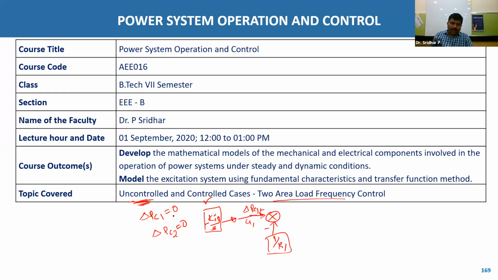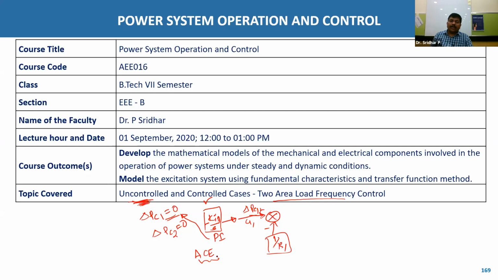If you assume delta PC1 is equal to 0, the output of this PI controller is 0, which means indirectly we are not giving any input to this PI controller. That case is called the uncontrolled case. In the uncontrolled case, you need not make any feedback loop, and you need not generate any error signal.